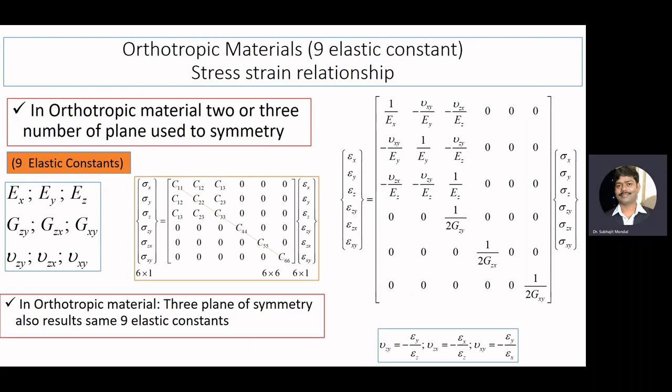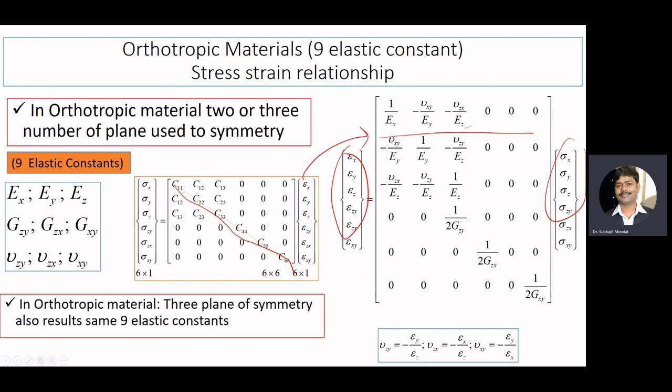Now, if we want to see what the elastic constants are in a physical sense, then we have to write the stress strain relationship. Here we have written it in terms of strain and stress, and we have written the elastic constants like this: 1 by Ex, minus mu xy by Ey, minus mu zx by Ez, like that.